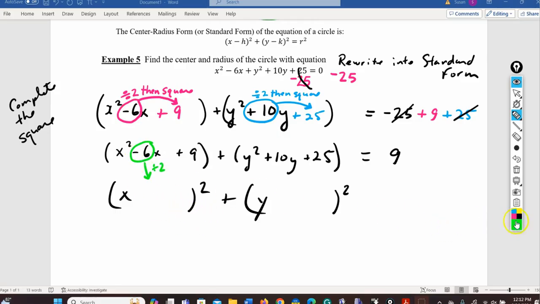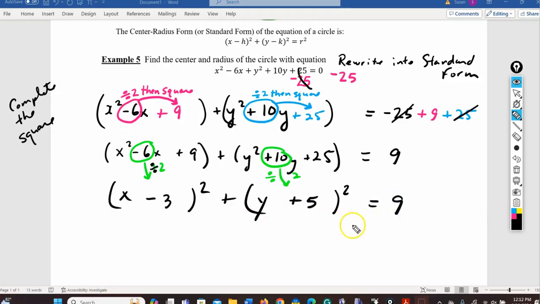Negative 6 divided by 2 is negative 3. So again, what goes in there? The quick way, after you have formed these, is you just take that and divide by 2. And positive 10 divided by 2 is positive 5.